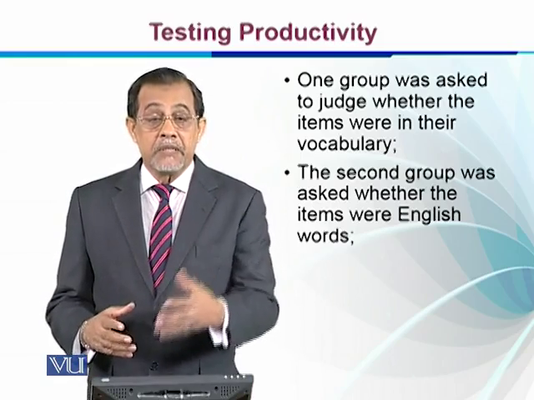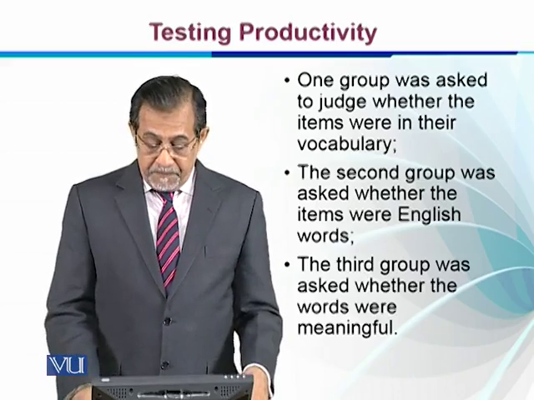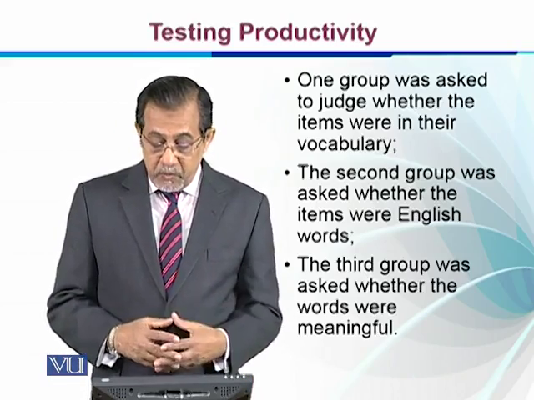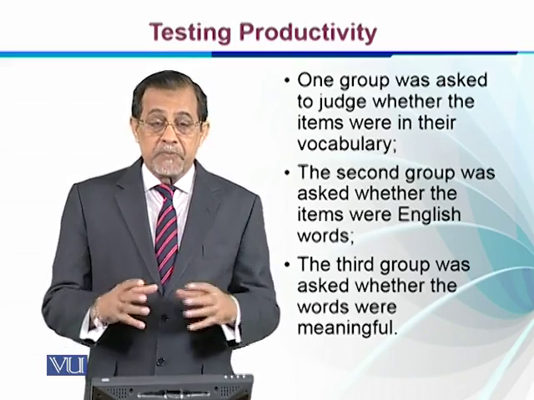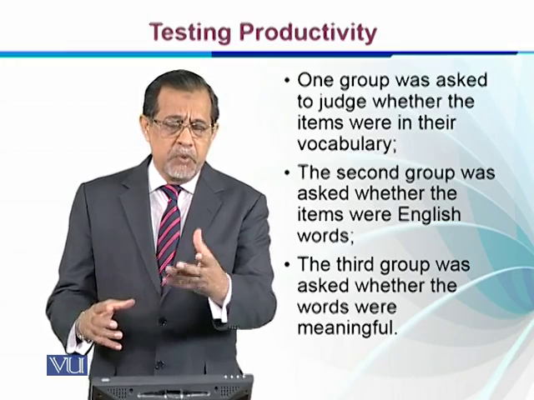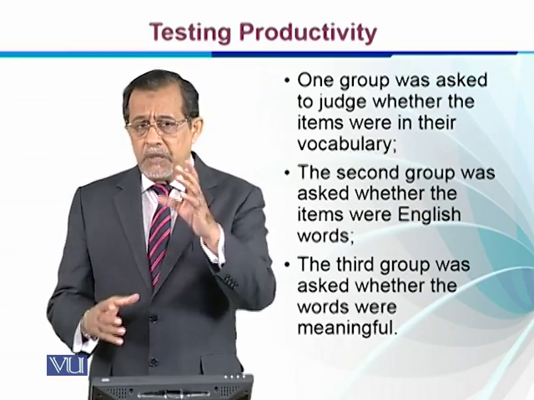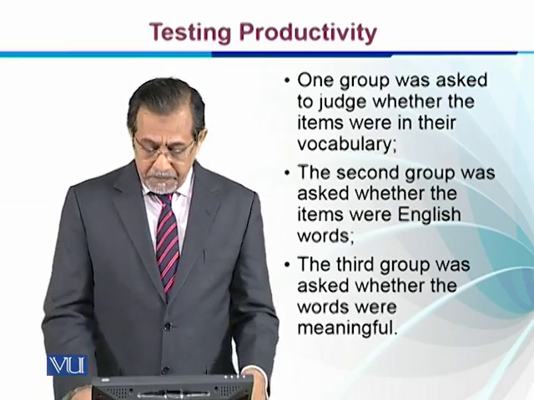The third group was asked whether the words were meaningful. So these three groups were given different questions to answer, keeping in view the word list that was given to the subjects.